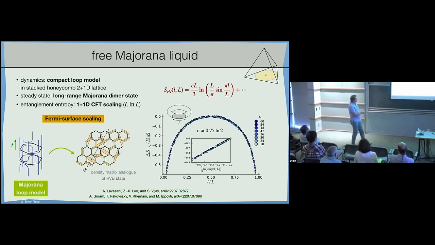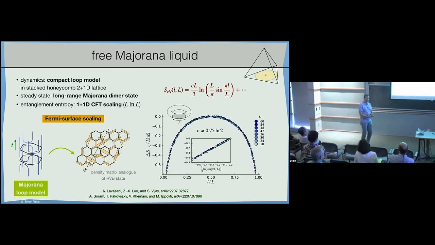Yeah, it can be mapped to a Majorana loop model. And it has beautiful CFT scaling again. Yeah, so it's L log L entanglement scaling, which is different from what we know in the Hamiltonian Kitaev ground state for the spin liquid that we all know about, which has an area law.